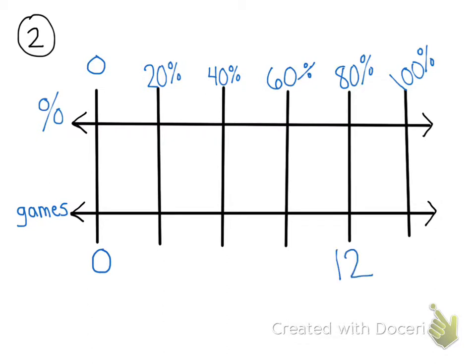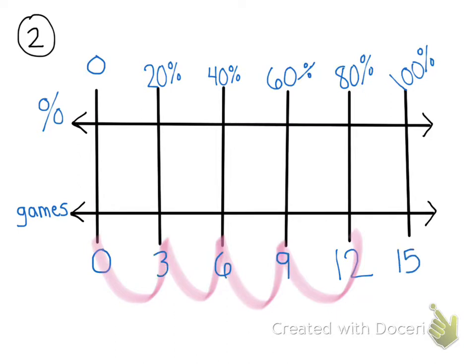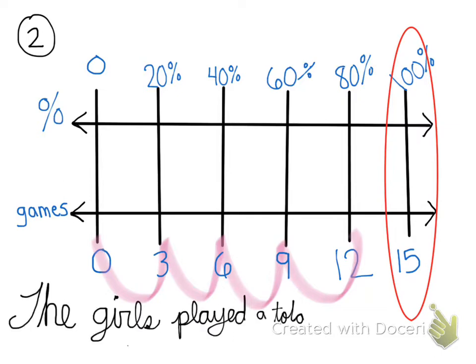Now I need to figure out what I'm going to divide by. 1, 2, 3, 4 equal parts. 12 divided by 4 is 3. That means I will increase by 3. And as you can clearly see, there was a total of 15 games. So the girls played a total of 15 games.